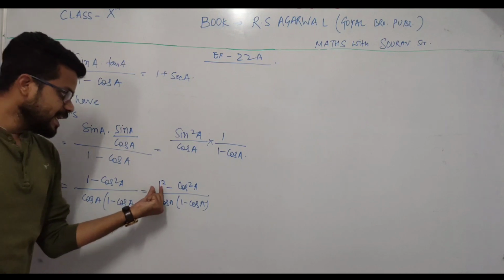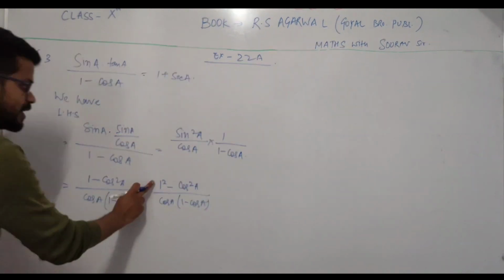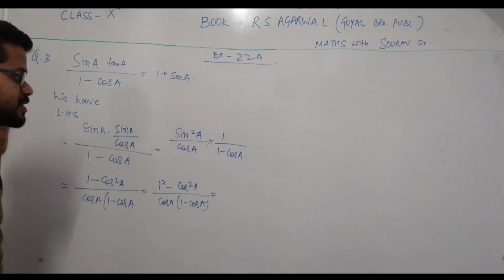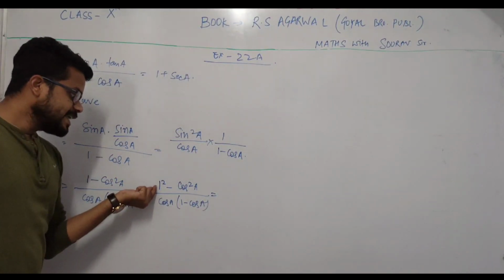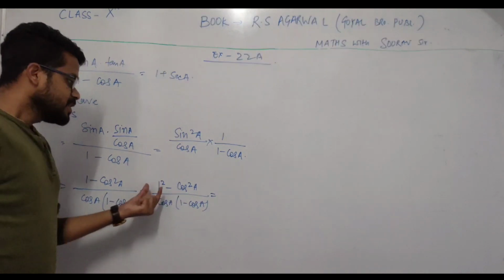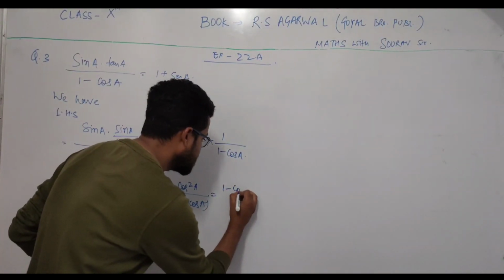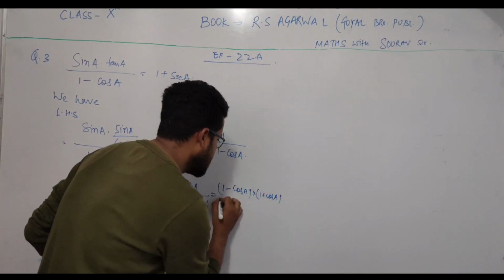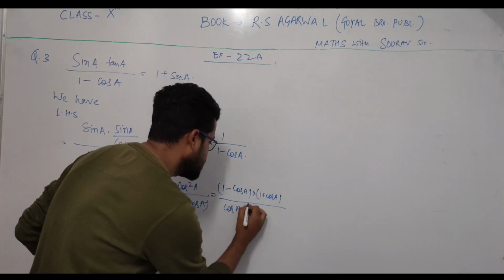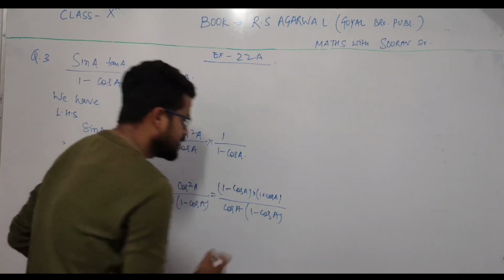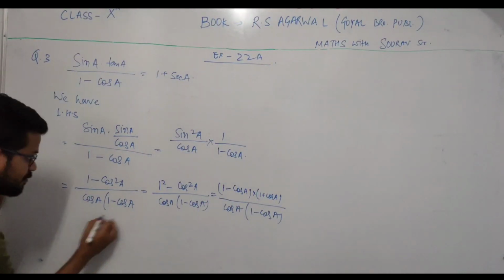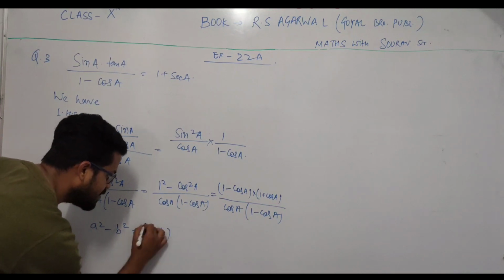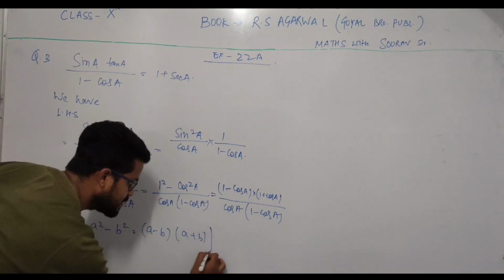This is in the form of a square minus b square. So in place of 1 square minus cos square a, I treat 1 as a and cos a as b. So this is 1 minus cos a into 1 plus cos a upon cos a into 1 minus cos a, using a square minus b square equals a minus b into a plus b.